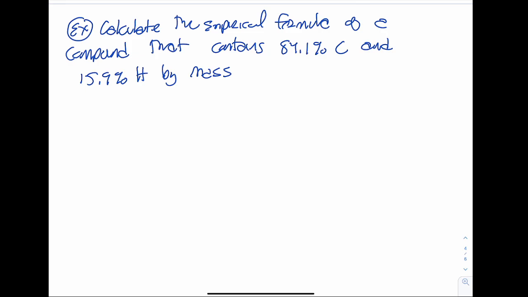So same idea. I'm going to get rid of those percent signs, convert it to grams. I'm going to go from grams to moles using the molar mass. I'm going to set up mole ratios by taking the smaller of the numbers, dividing it into the larger number. And then I'm going to look at those and say, okay, I need them to be whole numbers. Can we round it, or do we need to multiply it by some sort of factor?